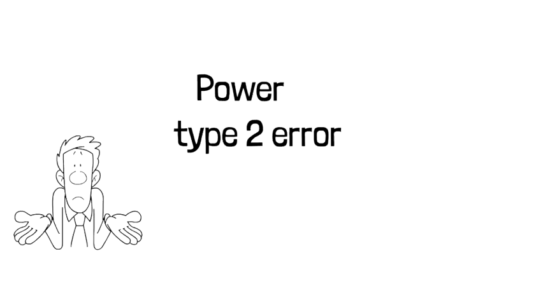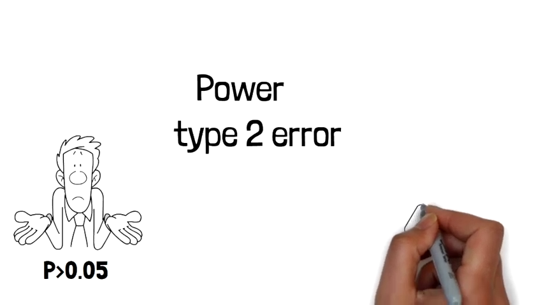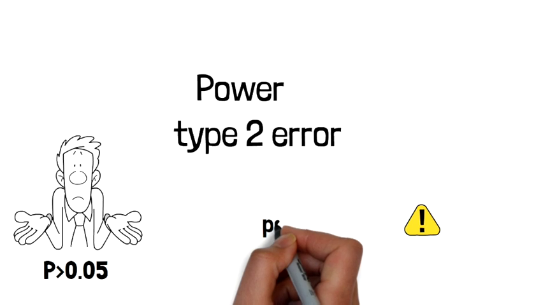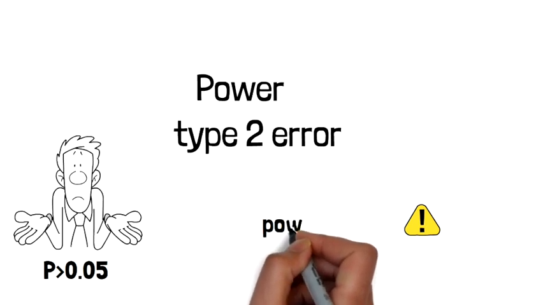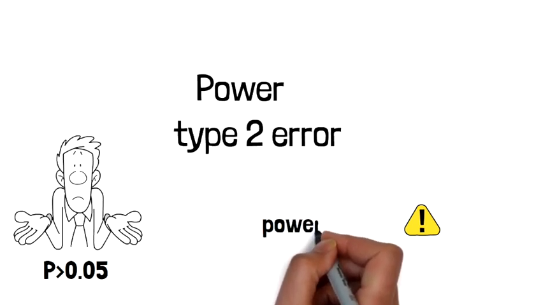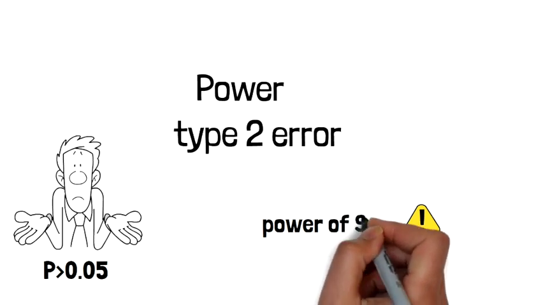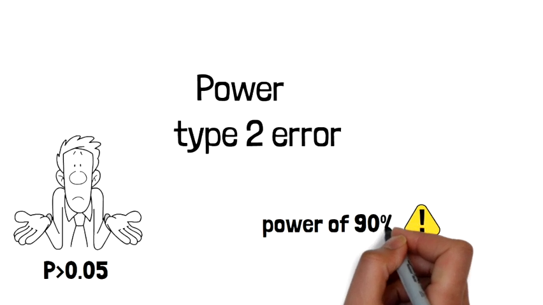Similarly, if a researcher fails to detect the true difference and gets a non-significant p-value of more than 0.05, then this is a false negative result or error from the study called type 2 or beta error. It is difficult to control type 2 errors. Choosing the study power, that is, the chance of identifying a real effect if it is present, relies on the research question.